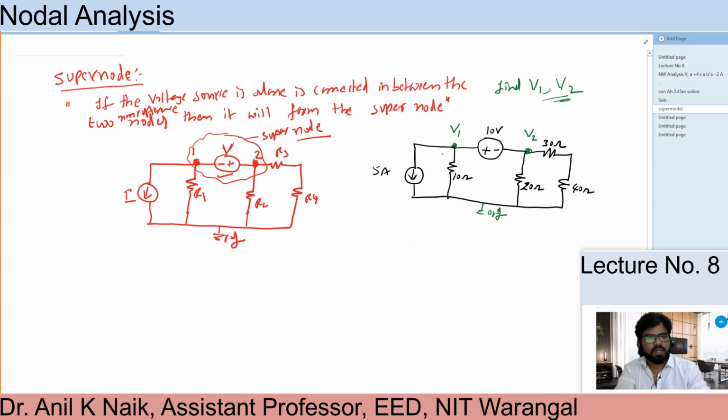According to the nodal analysis, we need to identify V1 and V2. That has been done. After that, I have to assign the current directions. So I'm assigning the current directions like this. With respect to the second node also, I'm assigning the current directions like this.